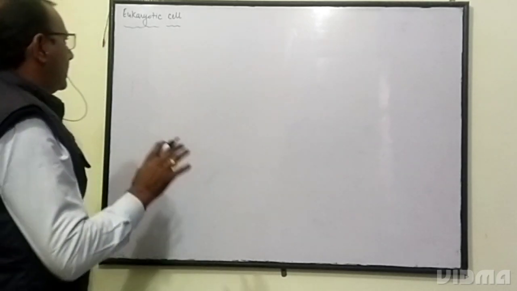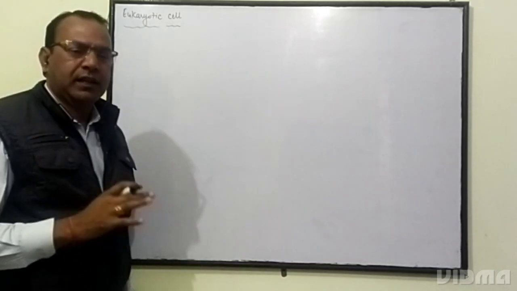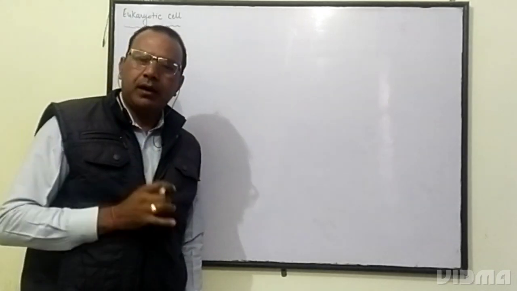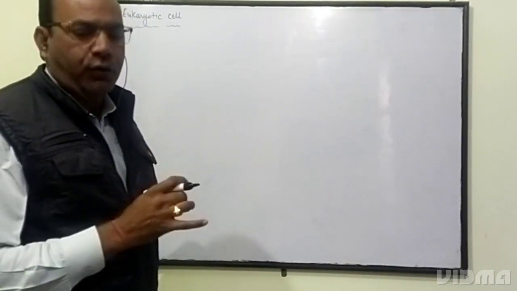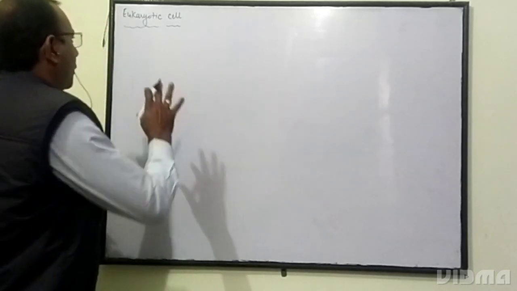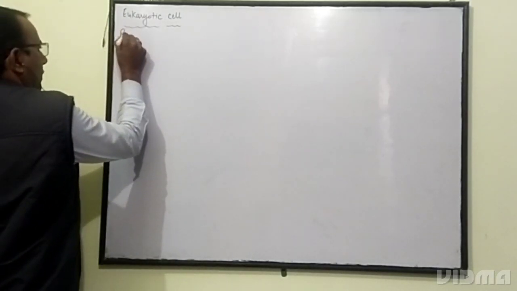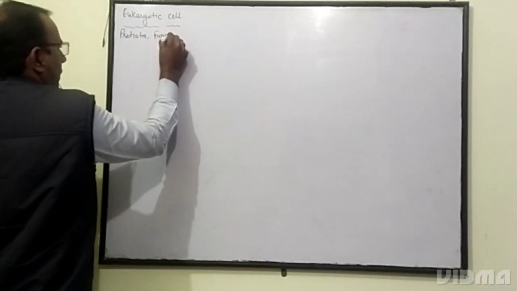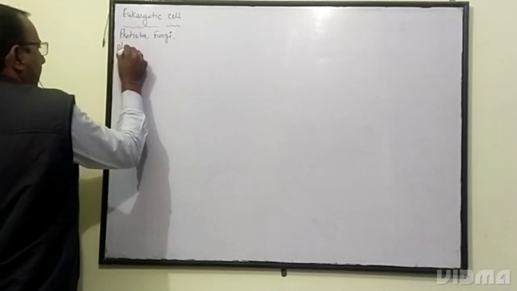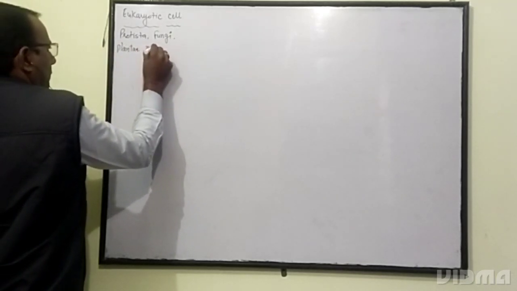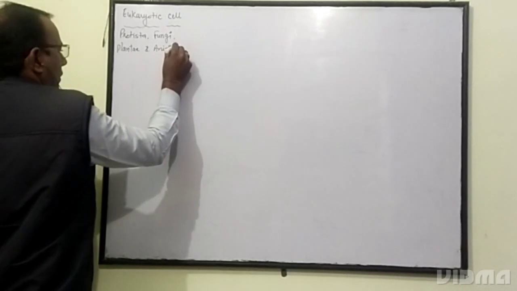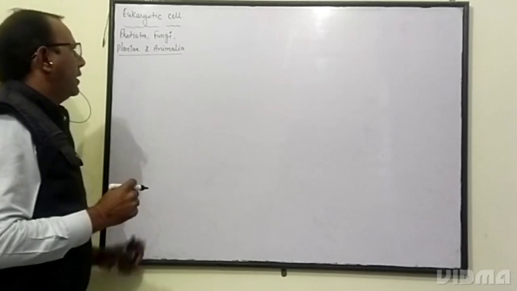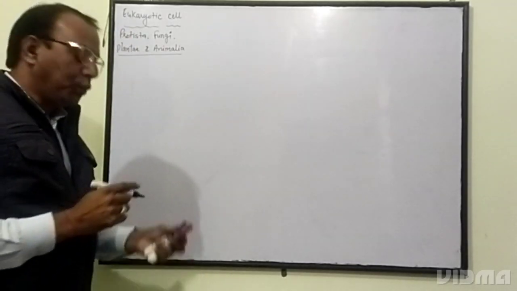Except for Monera, of the 5 kingdoms, these 4 kingdoms are eukaryotic: Protista, Fungi, Plantae and Animalia. All these kingdoms, the divisions of plants, contain eukaryotic cells.